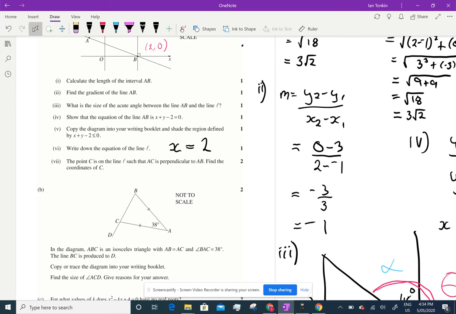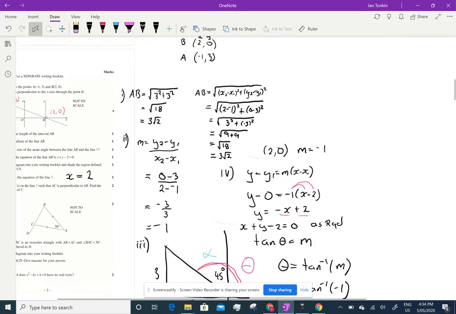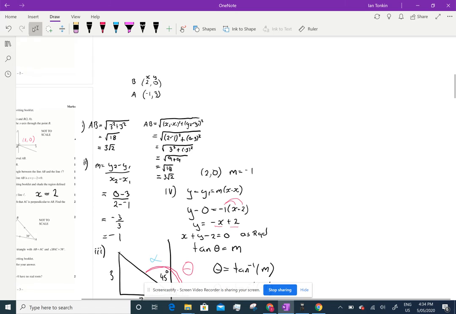The point C is on the line L such that AC is perpendicular. All right, so this is going to get a little bit harder. So I'm going to have to draw it. So over here I'm going to draw it.